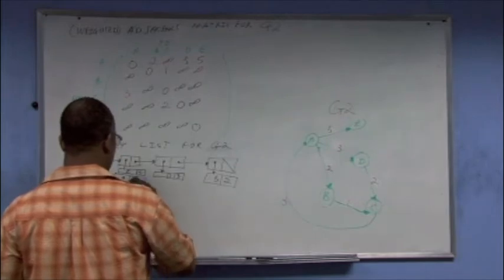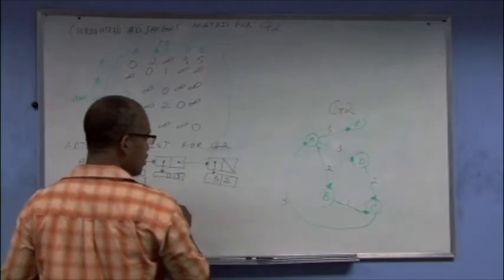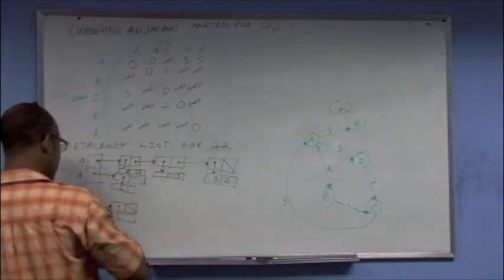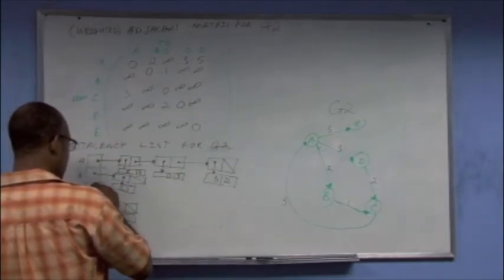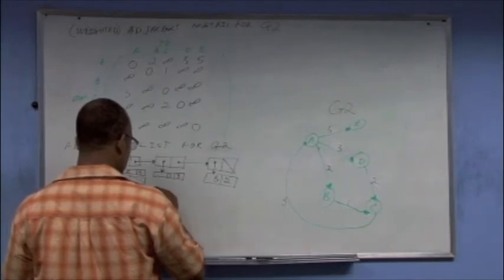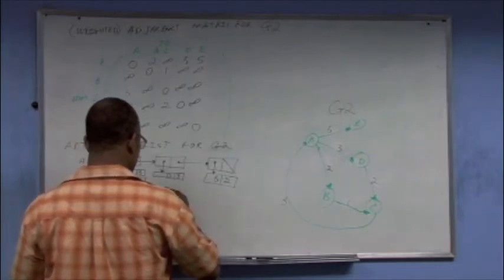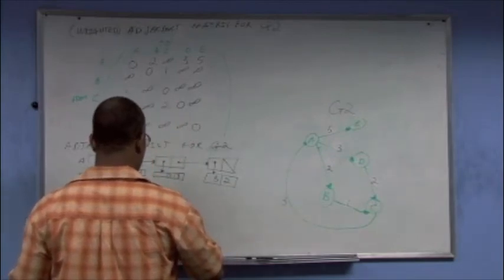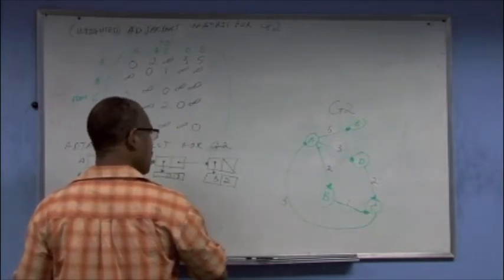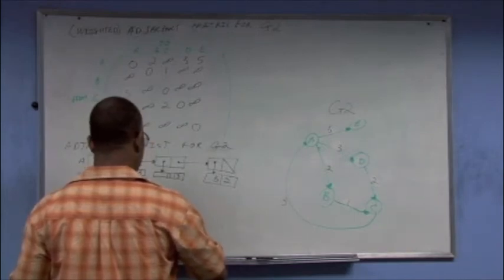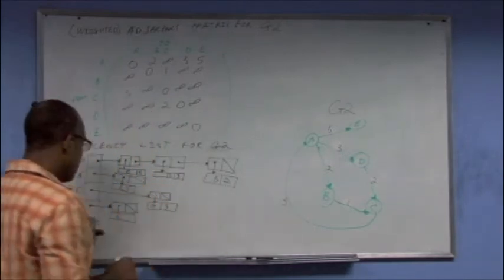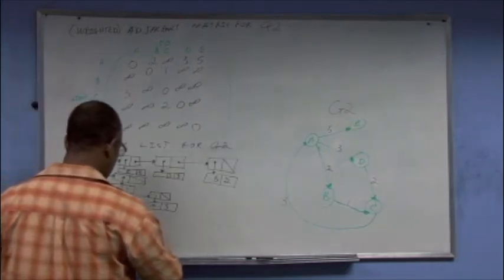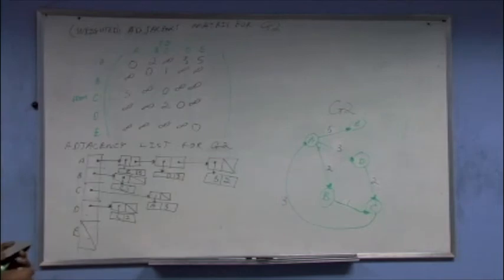B to C is 1. C to A, so we did have one edge added right here. This node goes to A with a weight of 3. D to C, the weight is 2, and E has nothing from it.